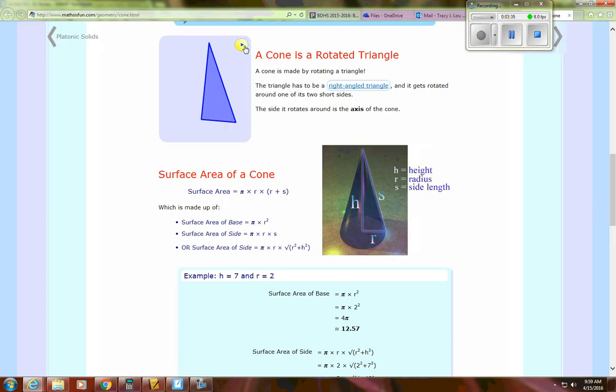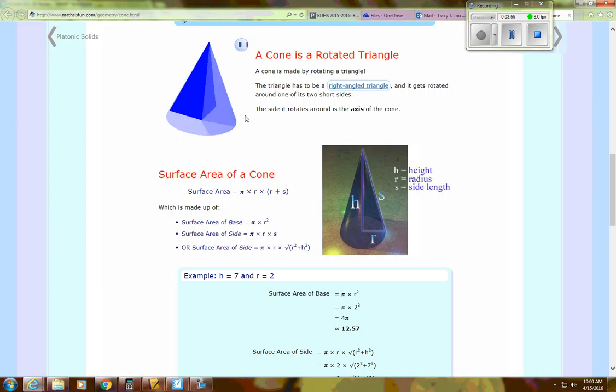So this is kind of cool. So if we watch this, we see how we create a cone shape by rotating a right triangle around. And so if we're ever looking for that slant height, we can use Pythagorean theorem if we're given the height and the radius of our cone to find the slant height.